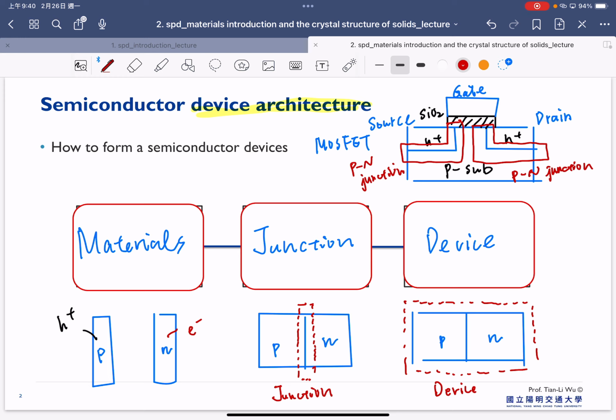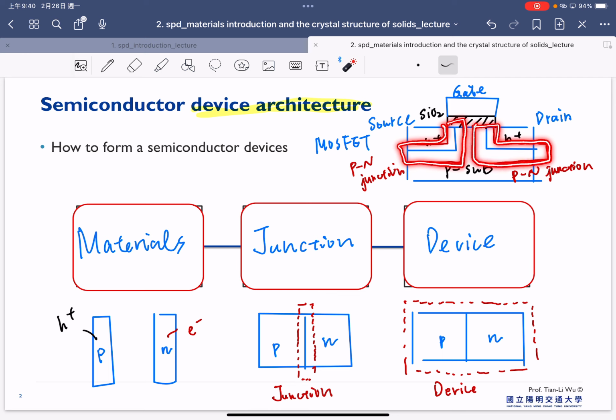So this actually suggests that even for a transistor like the MOSFET, the PN junction plays a crucial role for the device characteristic, because here you only consider one PN junction, but in a transistor like the MOSFET, you actually have to consider two PN junctions.